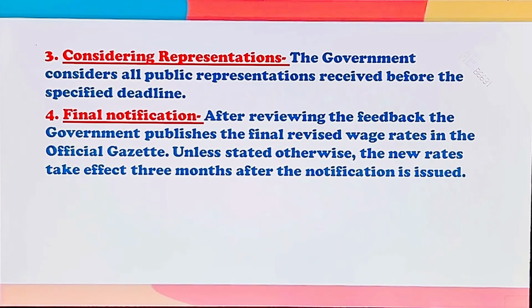The government considers all public representations received before the specified deadline. And the last step is final notification. After reviewing the feedback, the government publishes the final revised wage rates in the official gazette. Unless stated otherwise, the new rates take effect 3 months after notification is issued.